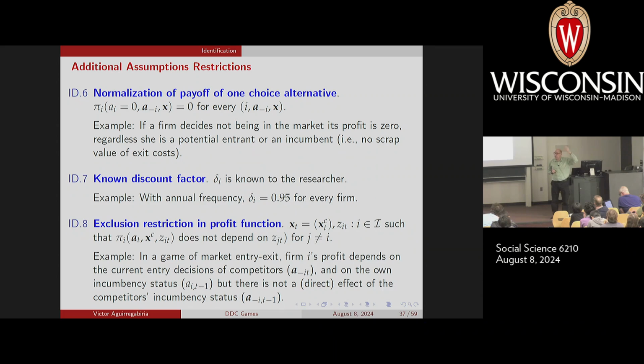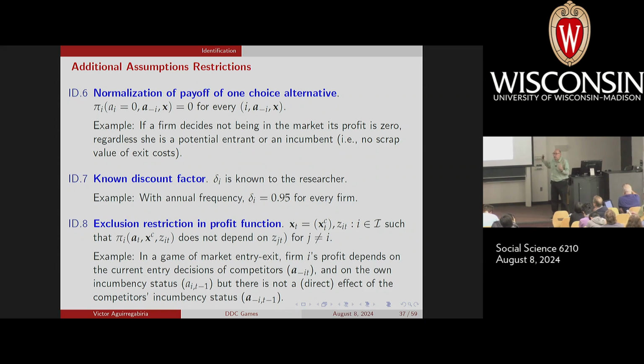The previous stock of quality of my competitors has an effect on the investment decision of my competitor, because it's a state variable, but does not have a direct effect on my profit function, okay? And this is an exclusion restriction that generates variation in the action of my competitor, but does not have a direct effect on my profit.